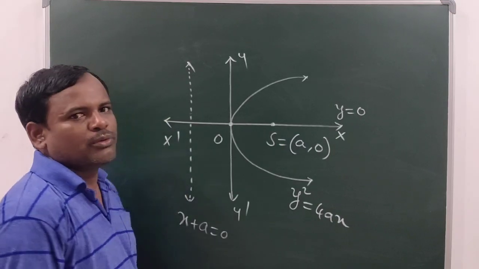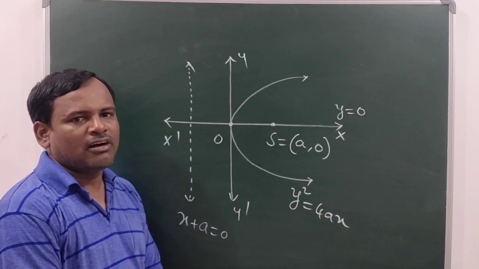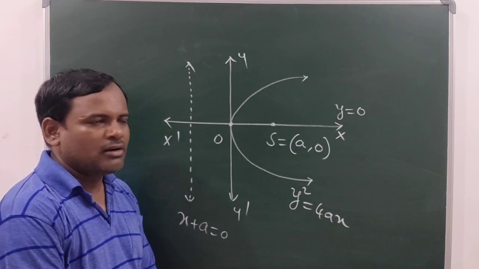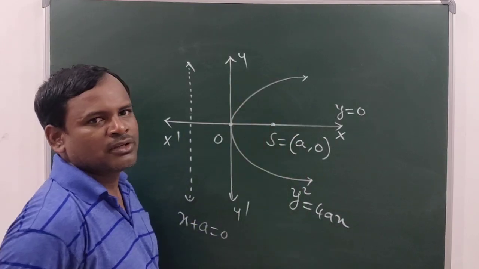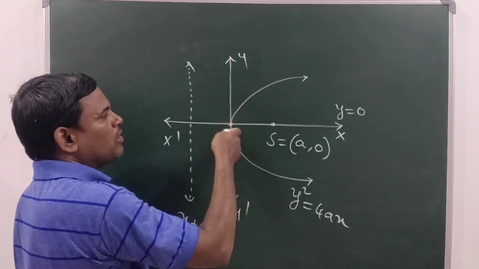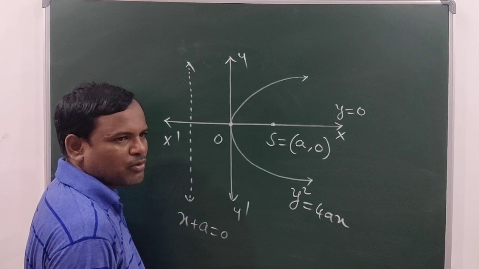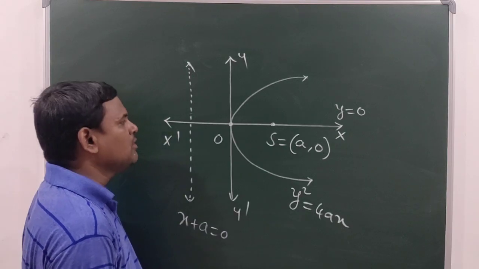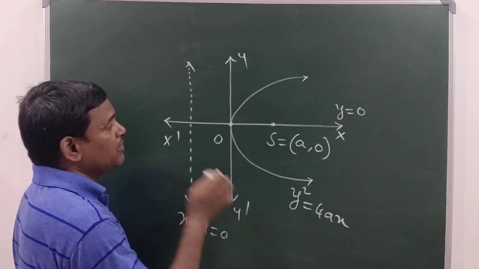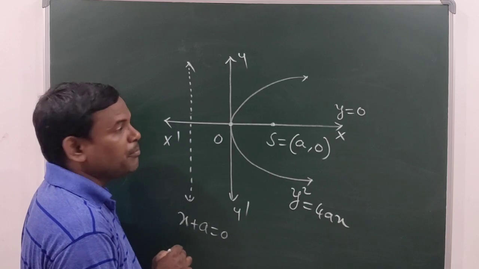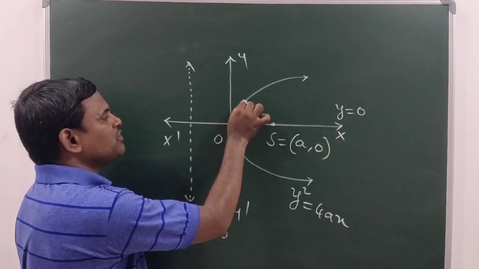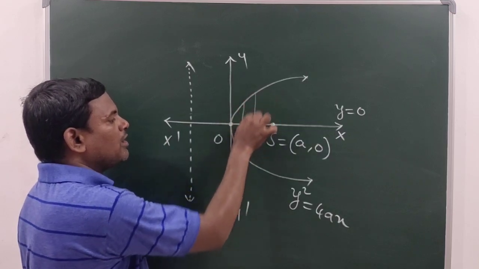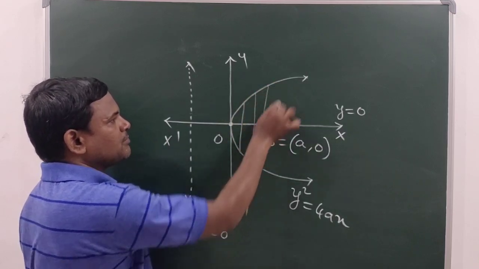And you know the meaning of a chord. A chord is formed by connecting any 2 points on the locus. So here many more chords you can draw for this parabola. Whichever chords make 90 degrees with this axis will be called double ordinates.